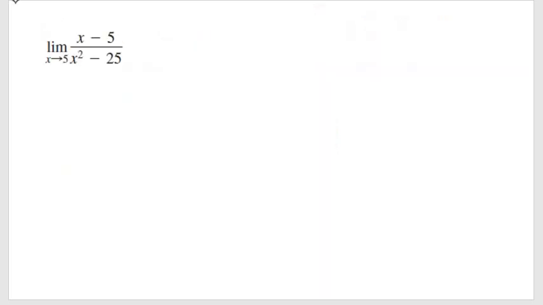So the next question is the limit as x tends to 5 of x minus 5 over x squared minus 25. First thing we do, as mentioned previously, is look at the denominator. As you substitute x equals 5, it's 25 minus 25, which is equal to 0 in the denominator.